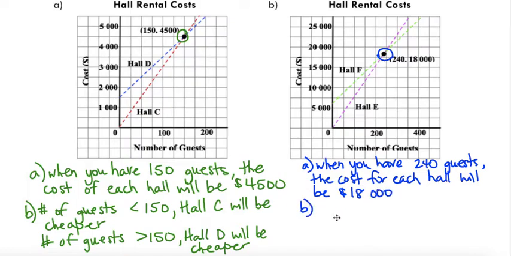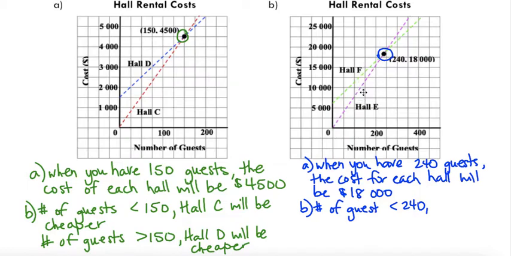And when will it be cheaper? Well, if you have less than 240 people, then again, we look at our graph to see which line is below.